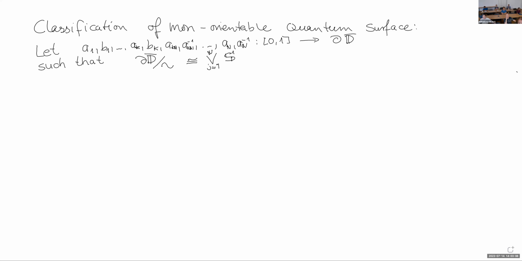You remember that a_j(t) is equivalent to a_j^{-1}(t), this is for j bigger than k, and this is for j up to k.